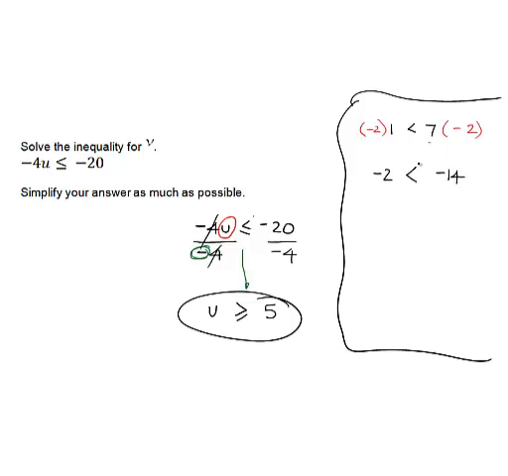Well, if we just carried the sign down, this is no longer a true statement, right? Negative 2 is not less than negative 14. If you think about it, negative 2 is here, and the more negative is a smaller number on our number line. So this is wrong.